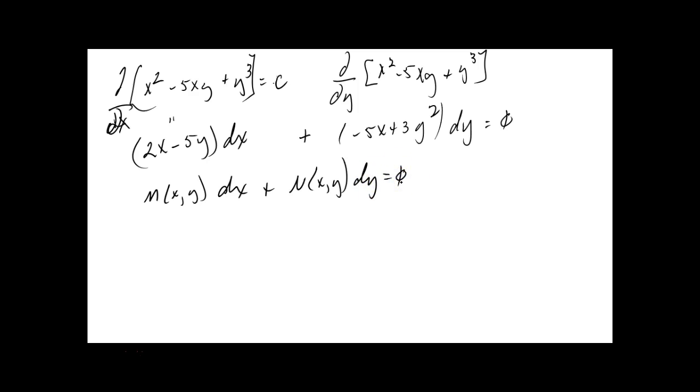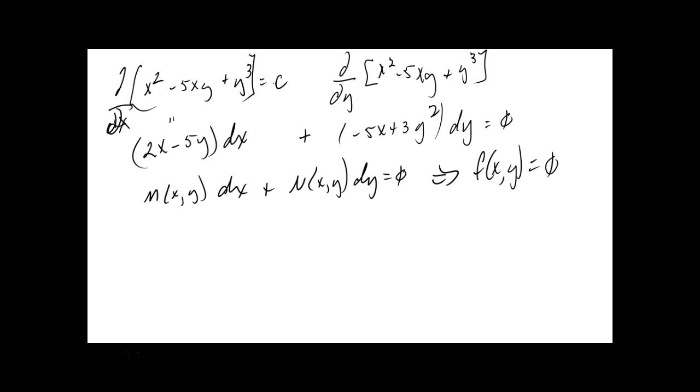Now, they make a little statement here. Of course, not every first-order differential equation written in that form corresponds to f of x,y equal to 0. This one does, because that's where we got it. But not every one will.